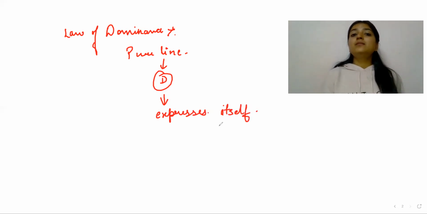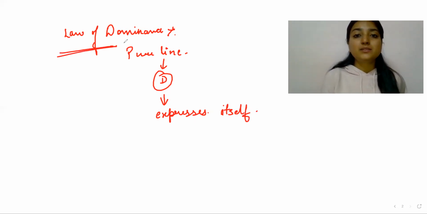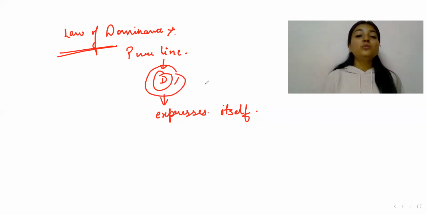Incomplete dominance is actually the exceptional case of the law of dominance. Here the dominant gene is not able to completely express itself. It is expressing, but incompletely.